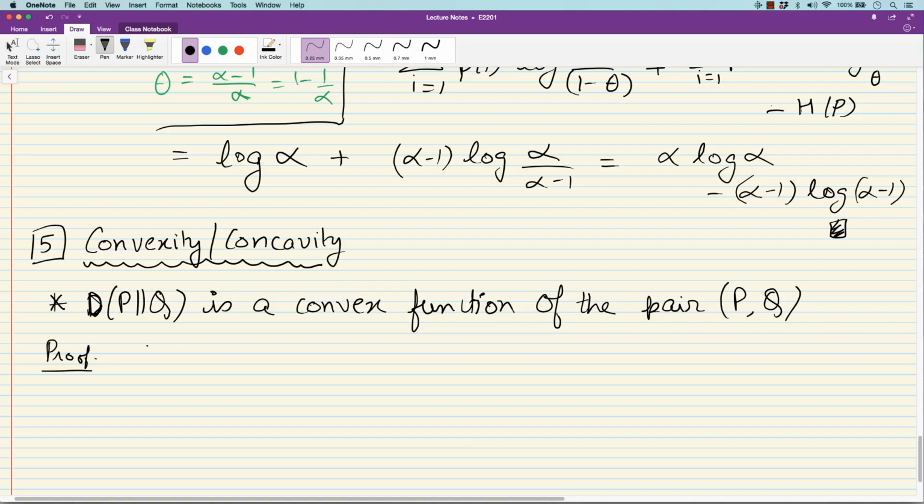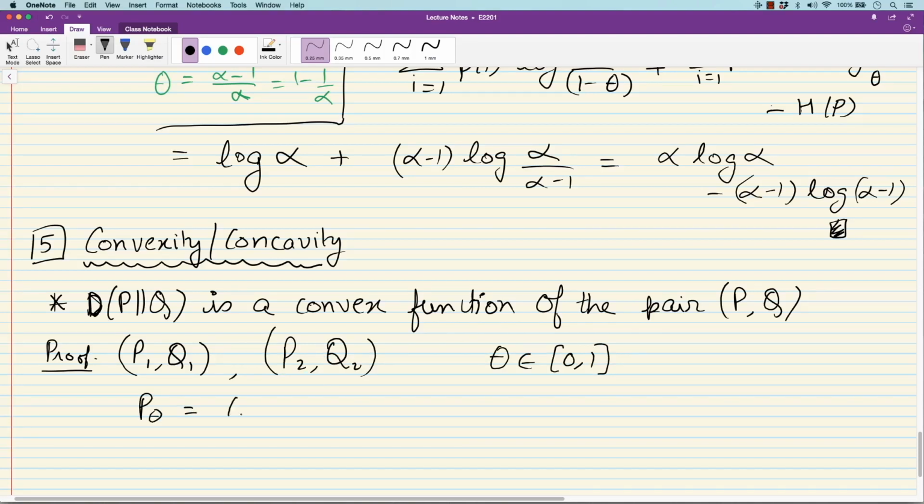Well, we take two pairs, P1 Q1 and P2 Q2, and we take some theta in 0, 1, and then let P theta be the weighted average of P weighted by theta, and let Q theta be the weighted average of Q weighted by theta.